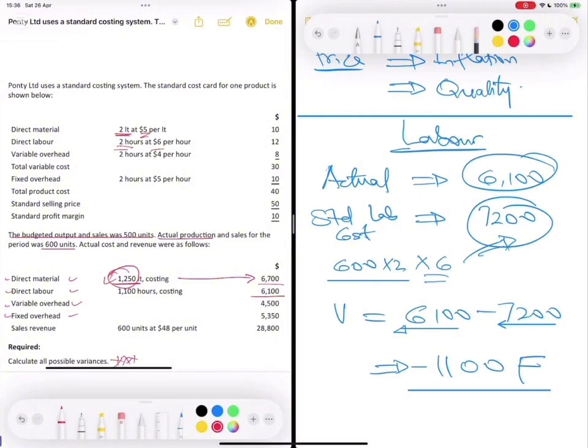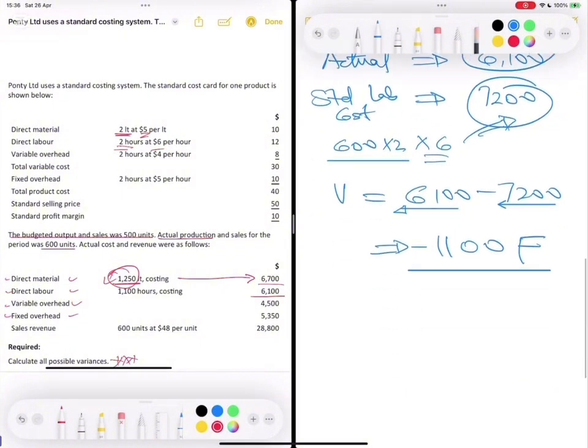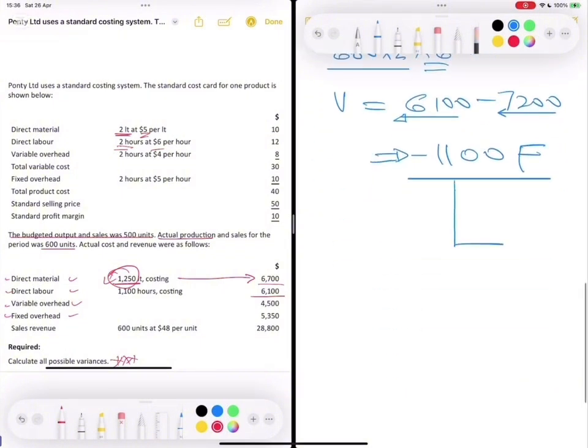That's why it's favorable. Now let's do the analysis, which is the most important, and that is splitting it into the rate variance and efficiency variance. And rate is about, did we pay more than we planned for the actual number of hours worked? So what rate did we pay?